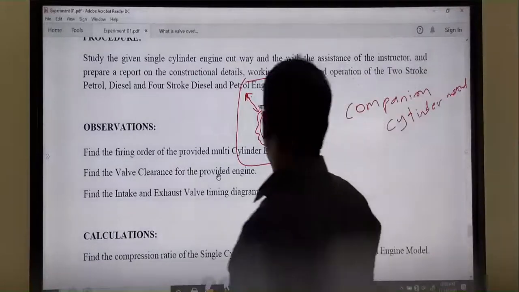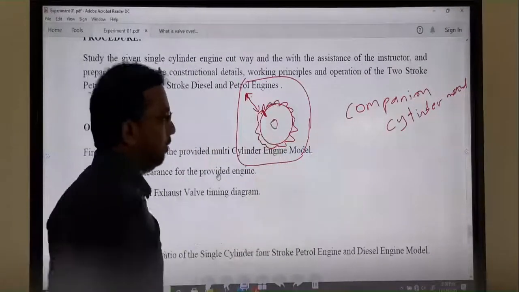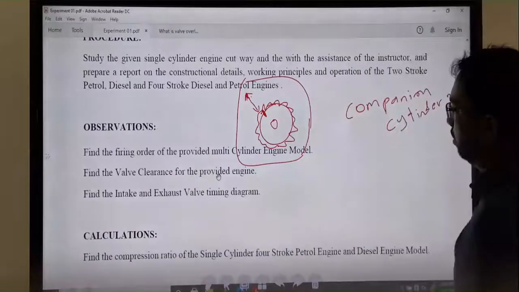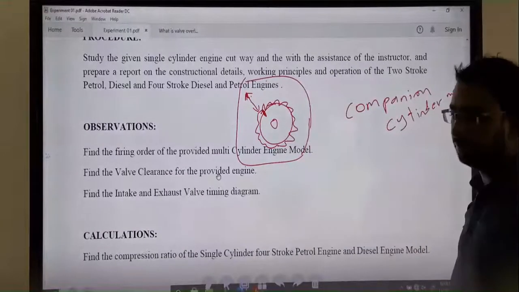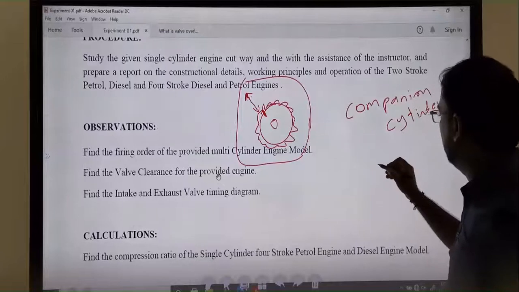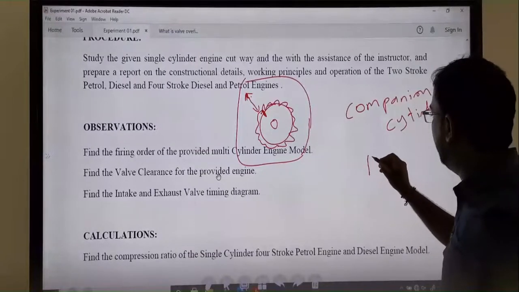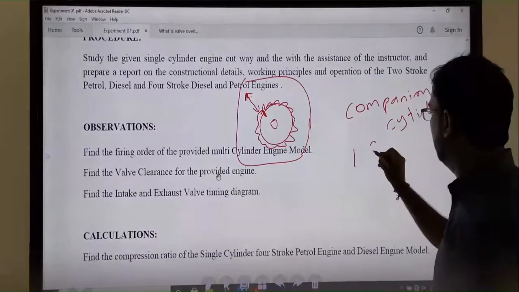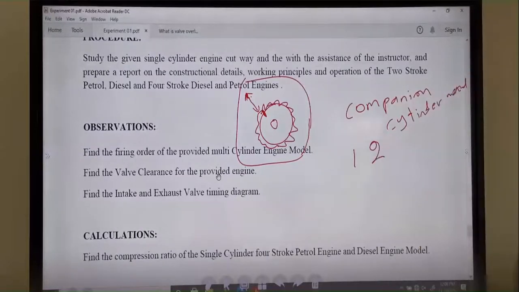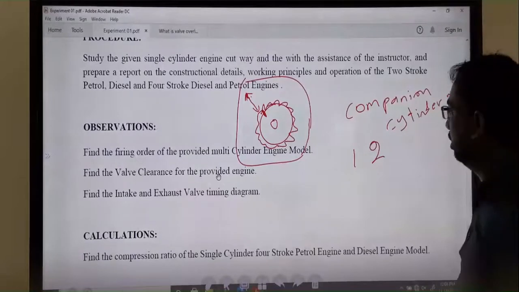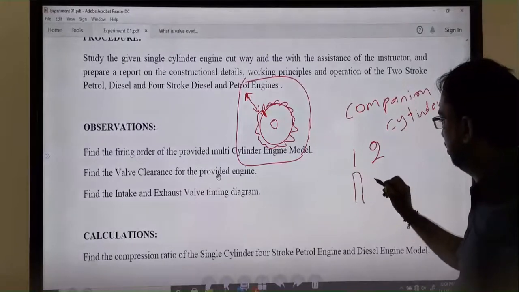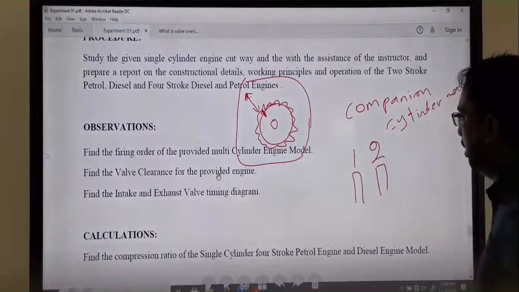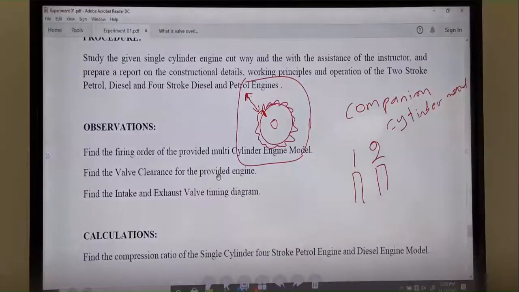So we know when the timing point is here, the first cylinder's 1, 2 valves are open.